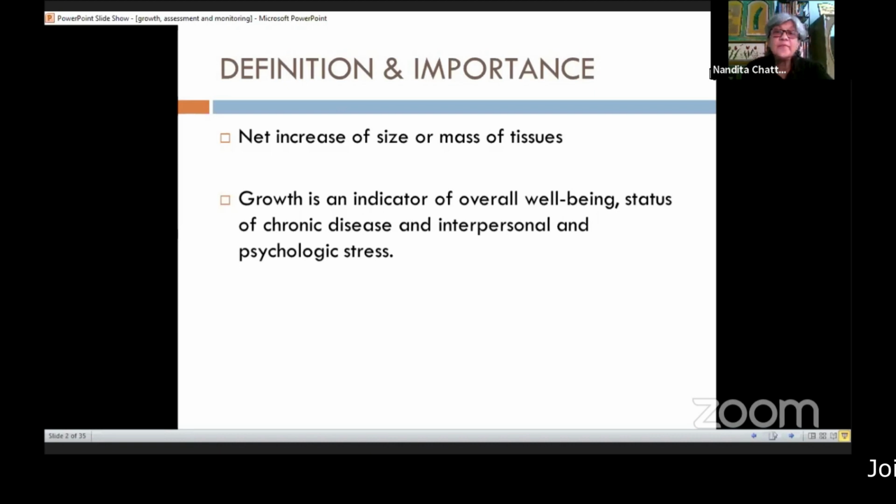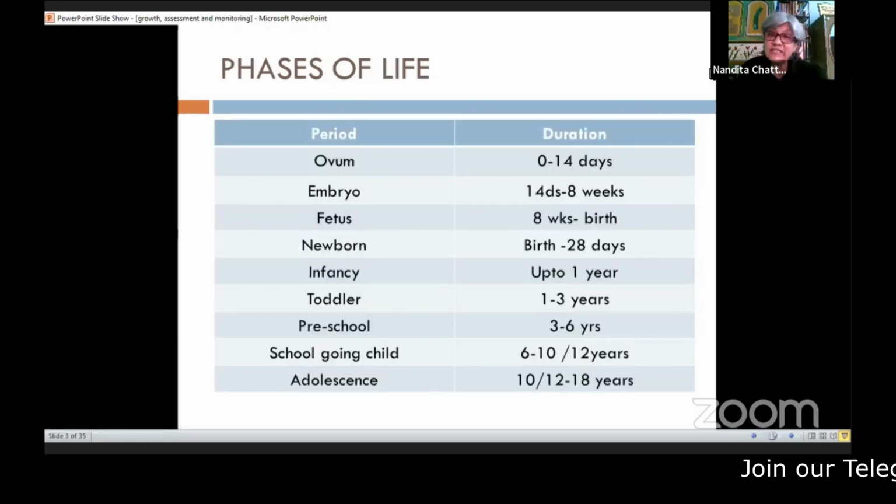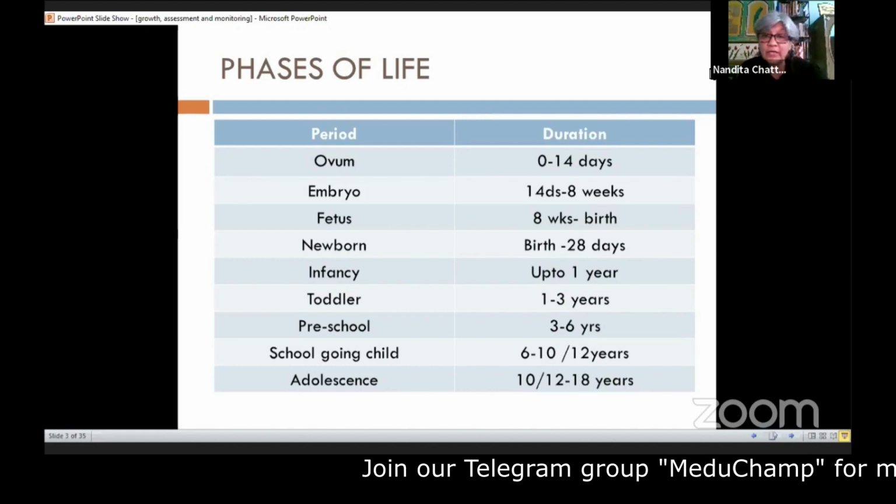We will now look at growth from the point of view of the changes that happen as the child is evolving. Starting from the phase of ovum or embryo in utero, right from conception, growth is occurring. In utero, the three phases we know of are the ovum, the embryo, and the fetus.